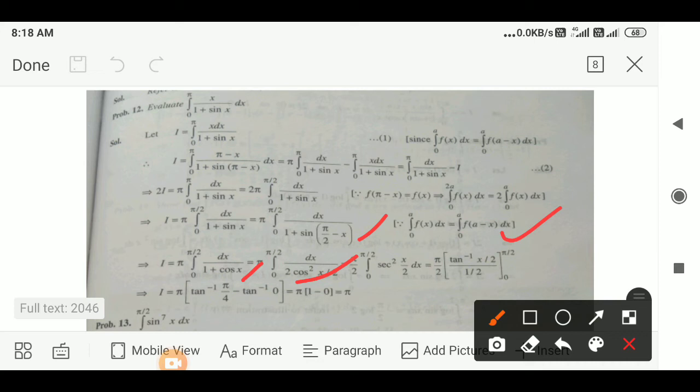So this becomes 1 by 2 sec square x by 2, and the integration is pi by 2 into the integration of sec square x by 2, that will be tan x by 2. This is tan, not tan inverse. Here it is not tan inverse, this is a misprint.